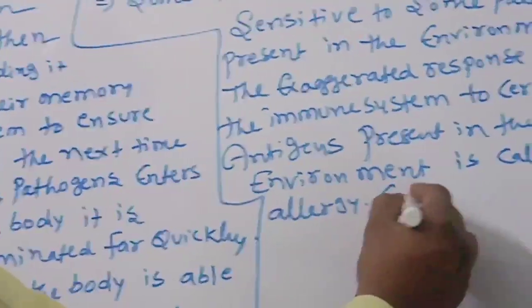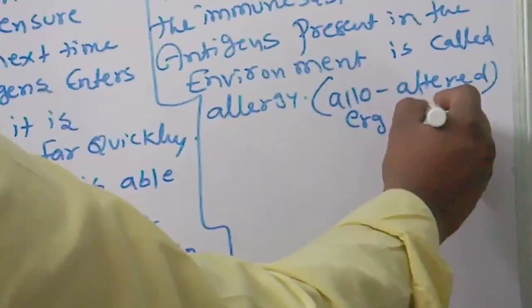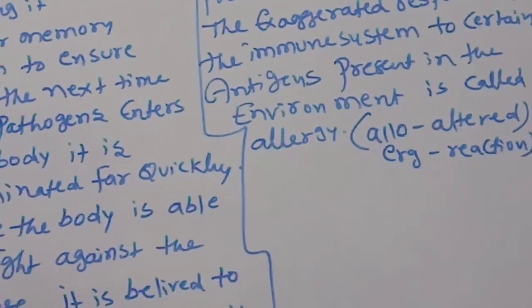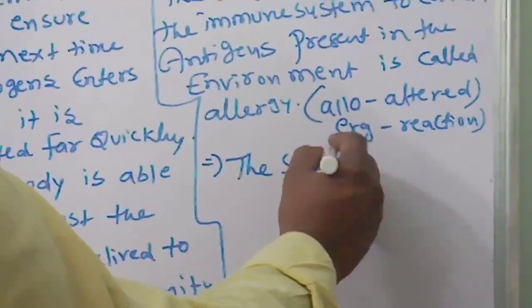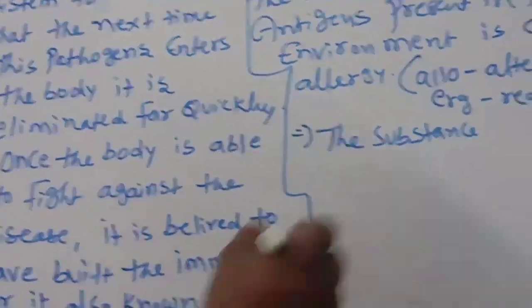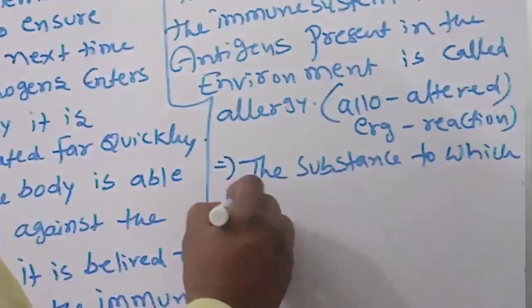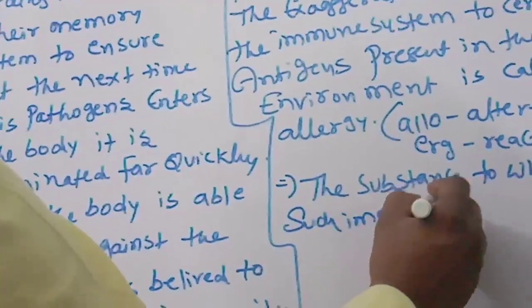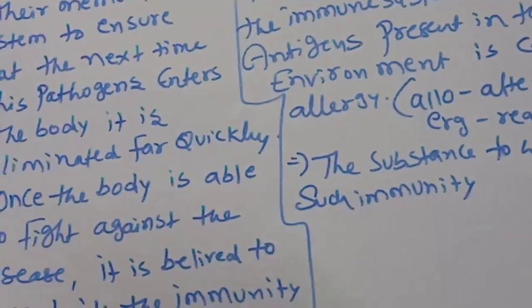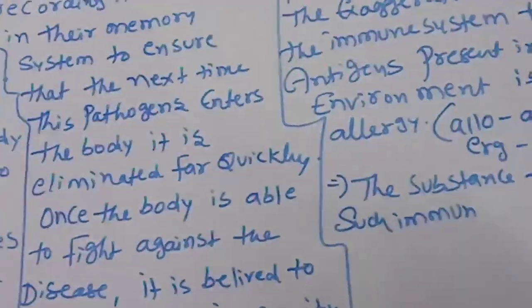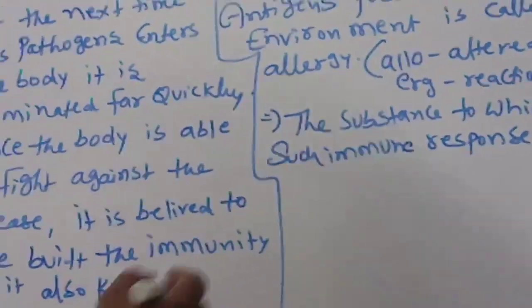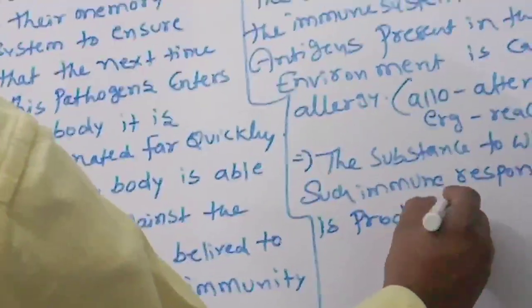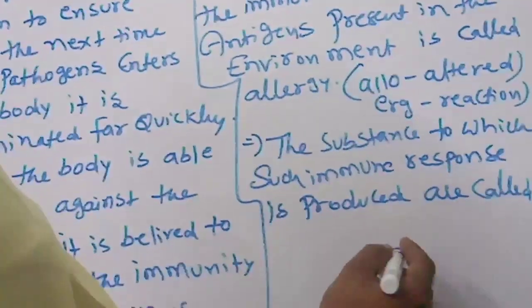Allergy means altered reaction. Okay, children, this is the important task. Next, the substance to which such immune response is produced is called allergens.